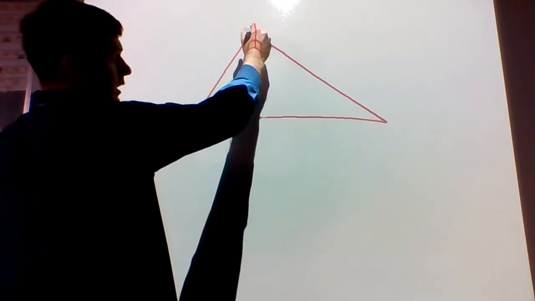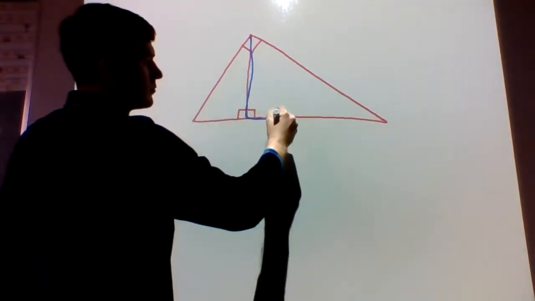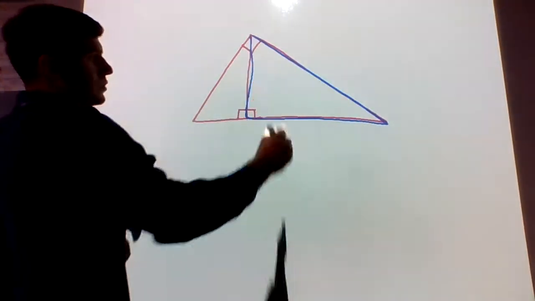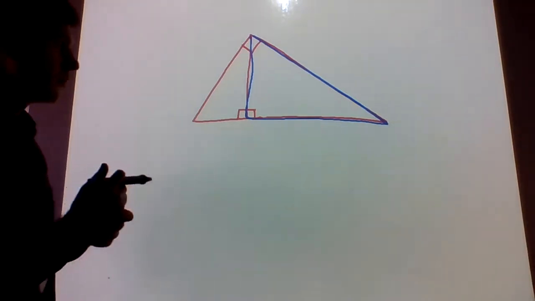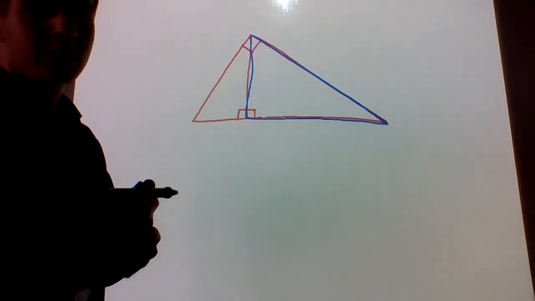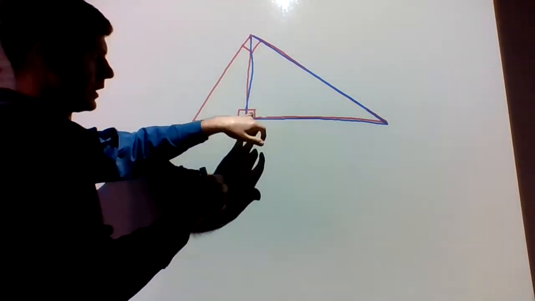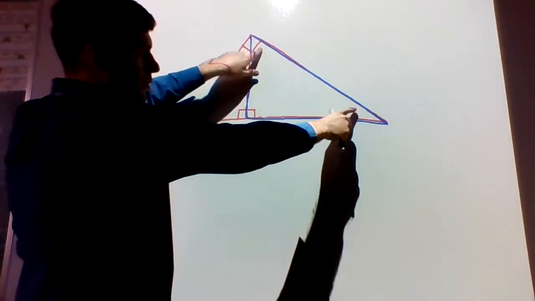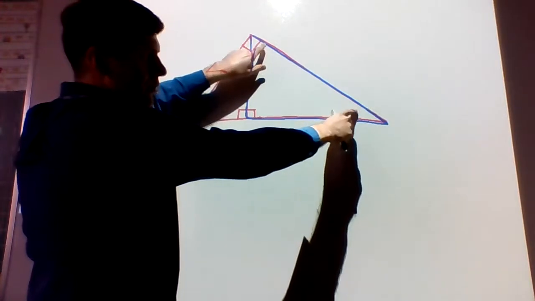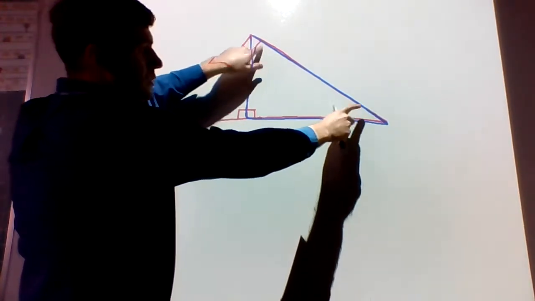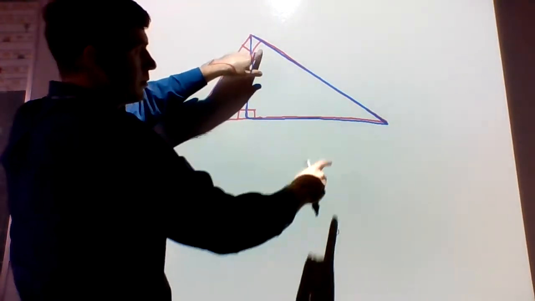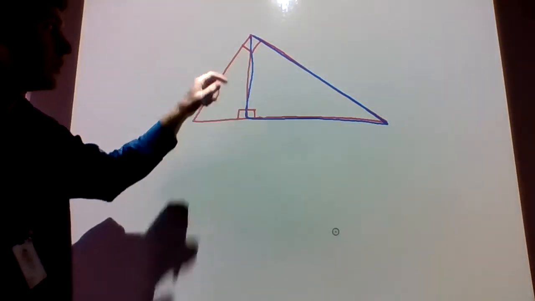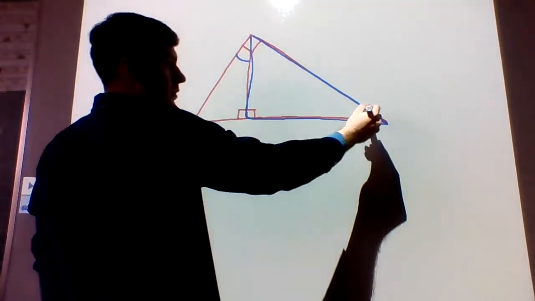This right here is a triangle, so the angle measures add to 180. So 180 minus 90 is 90. So these 2 angles are going to add up to 90. So these 2 are complementary, and these 2 are complementary. So since these 2 are both complementary to the same angle, we know that those 2 angles are going to have to be congruent.